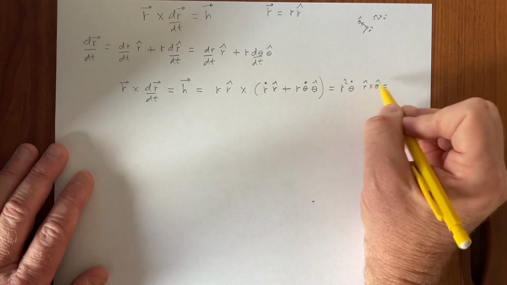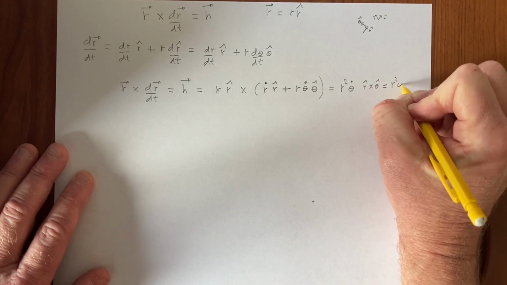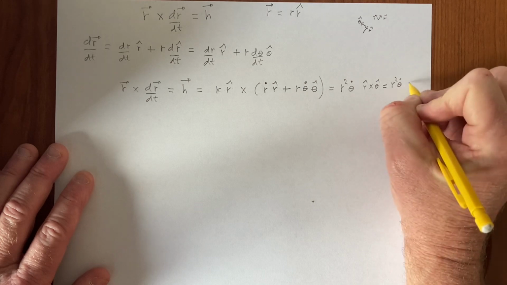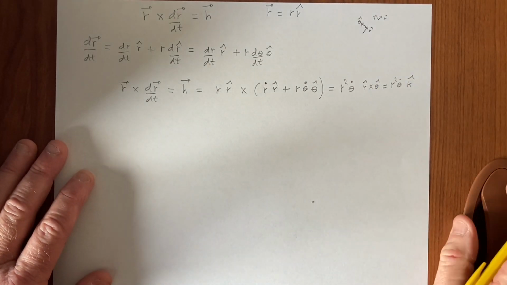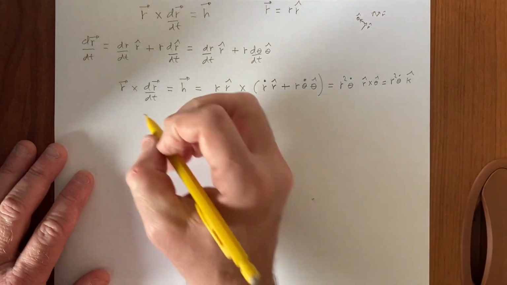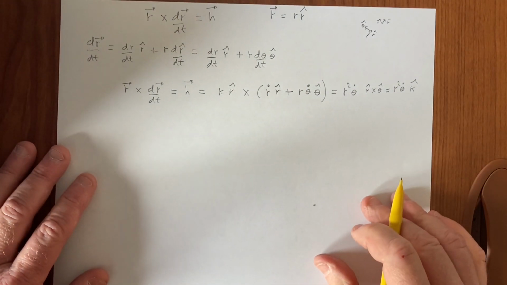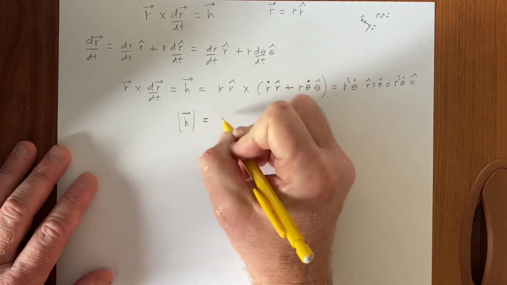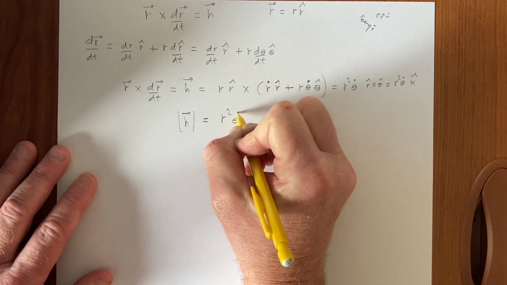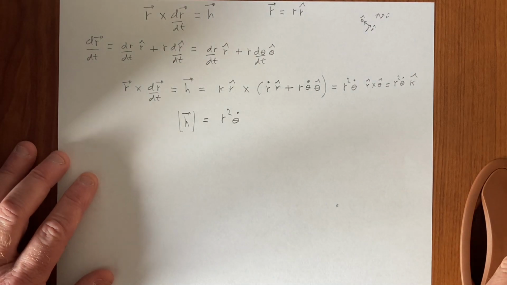So it has to be perpendicular to that. So we have r squared theta dot, let's use some k hat for that. And so this is our vector, and it has a magnitude, which is r squared theta dot.